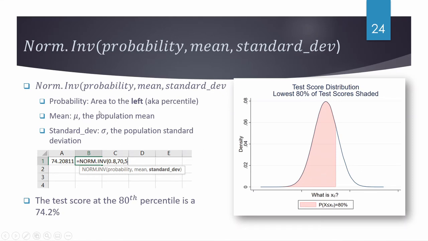So here, again, we need to know the area to the left, the mean, and the standard deviation. So if I were to ask, what is the test score at the 80th percentile of the distribution, I would say this is equal to norm.inverse of 0.8, 70, 5. And that would turn out to be a 74.2. So on this particular test, if you scored a 74.2% or higher, you would be above the 80th percentile.